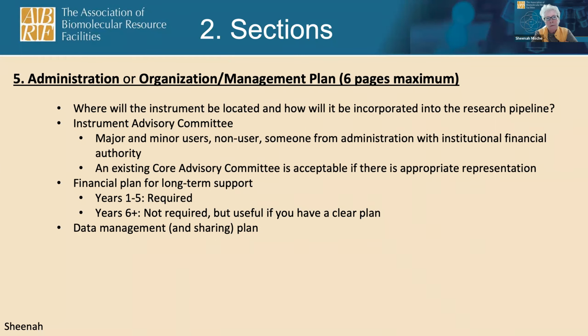In this section we describe our centralized organization. If you don't have a centralized organization for cores, then you can describe your department or institutional organization. But the focus is on this proposed instrument and its access to the community.